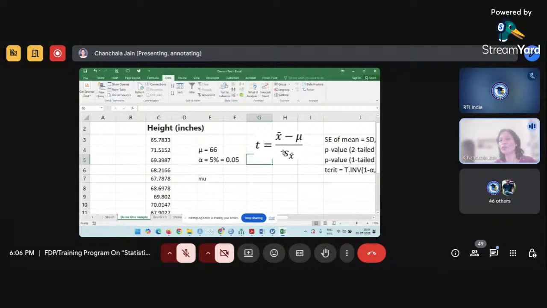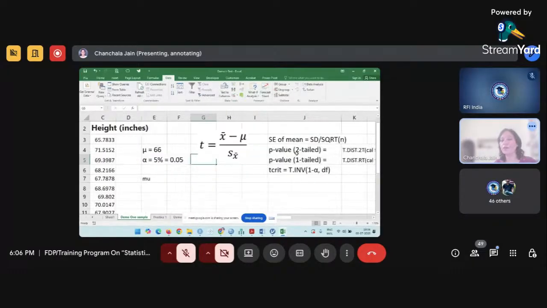In the denominator, it is s x bar, meaning the standard error of mean. The standard error of mean formula I have given is the standard deviation divided by the square root of n. n is the sample size. So we require x bar, mu, standard deviation, and the value of n, and that way we can get the t value, right?